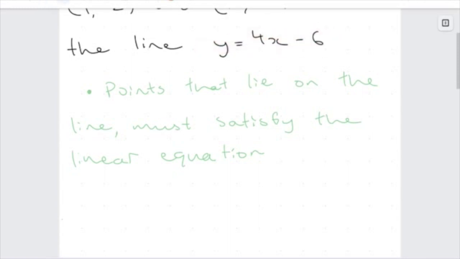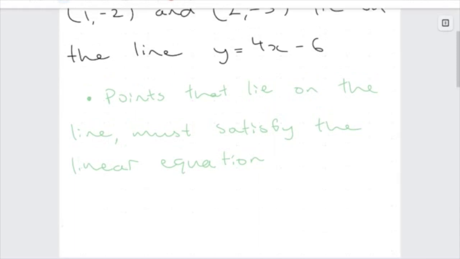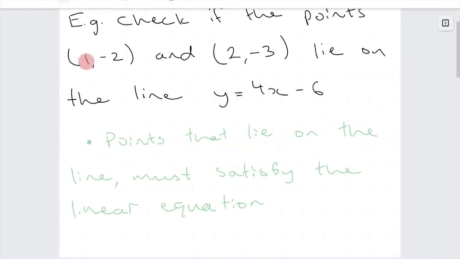And by satisfying, I just mean that when we put our x into here and our y into there, it must make this equation true. So we have to have this equality there. We need the left-hand side to equal the right-hand side.